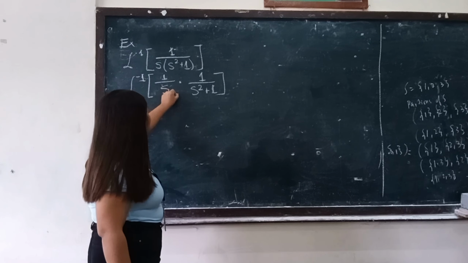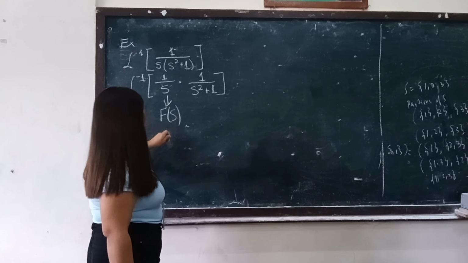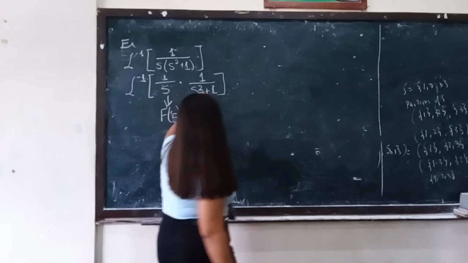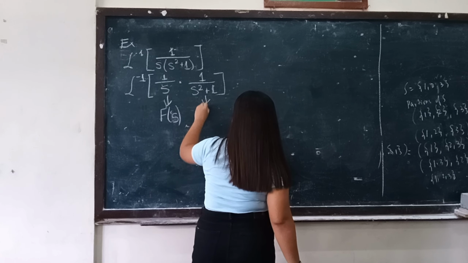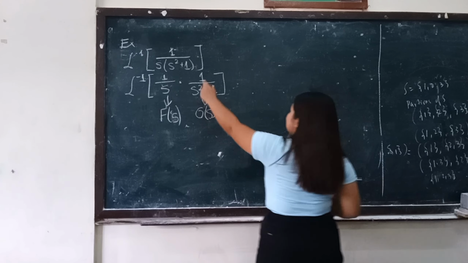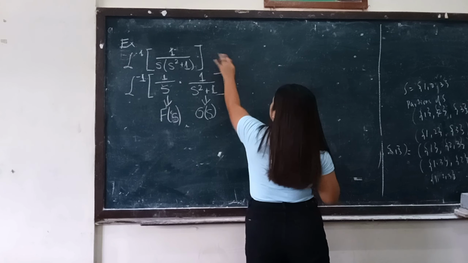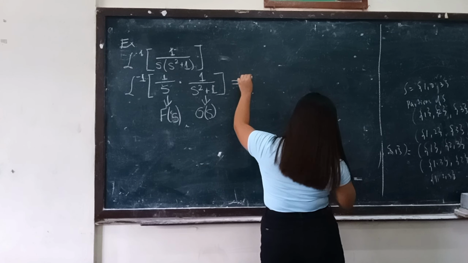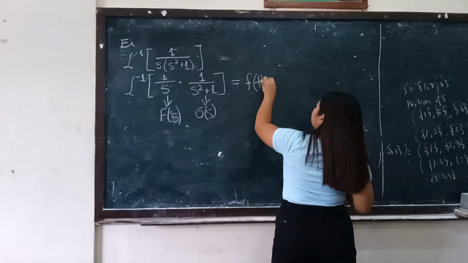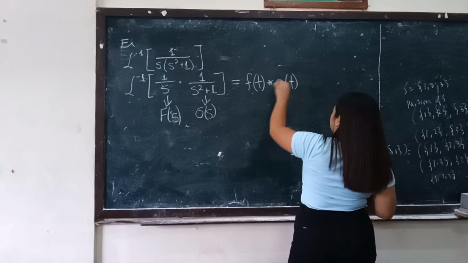This is our F(s), the first Laplace transform, and the second Laplace transform is G(s). So it is equal to the convolution of f(t) and g(t).